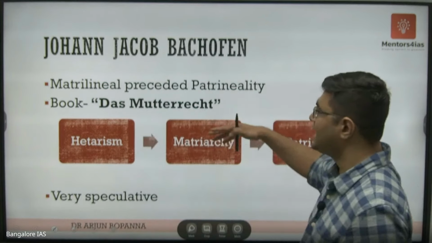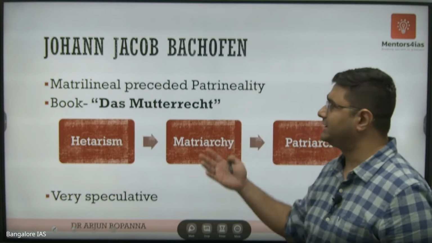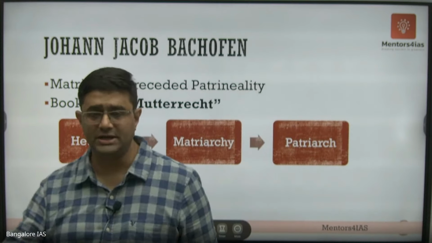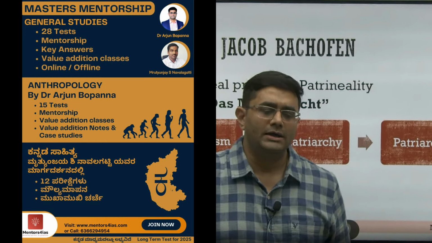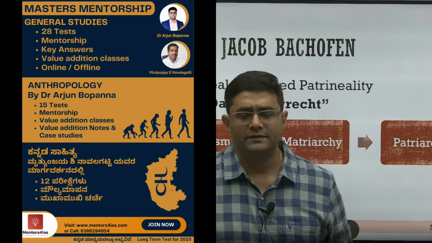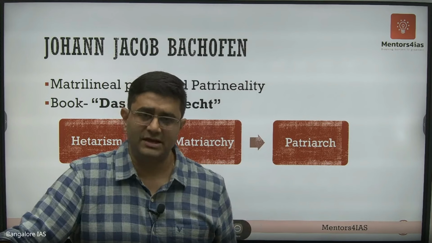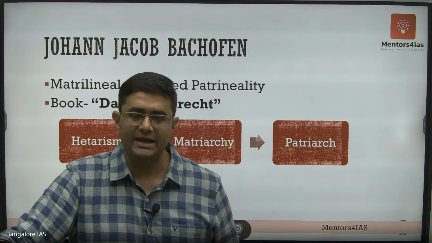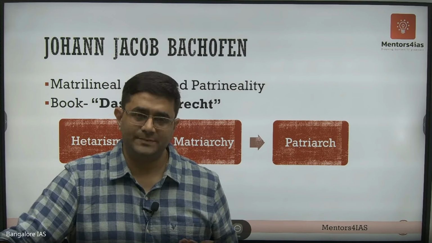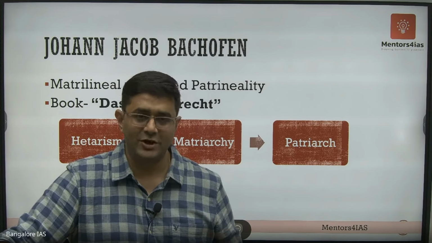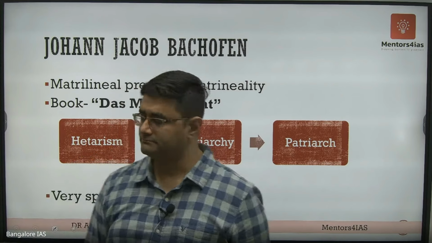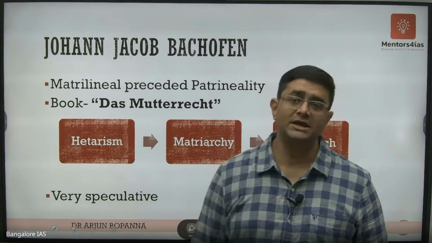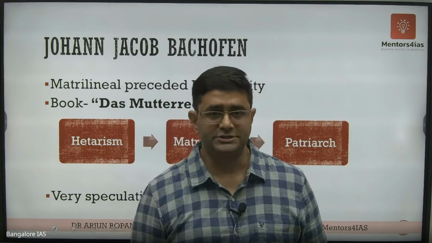Similarly, how society evolved from matrilineal to patrilineal: Johann Jacob Bachofen of Germany talks about how the descent system or the family system evolved from a matrilineal to a patrilineal society. If you add these kinds of ideas in various explanations in your answers, even when not asked, you'll be able to get better marks. So this is about classical evolution, which is the first theory that you have to know in anthropology.